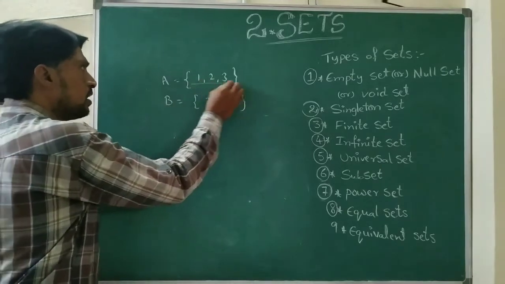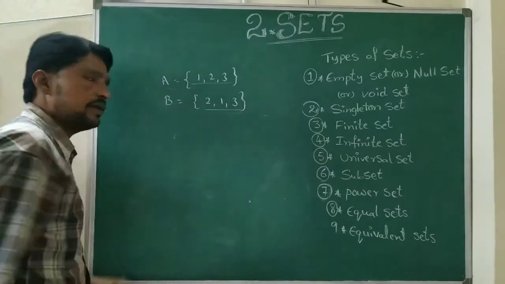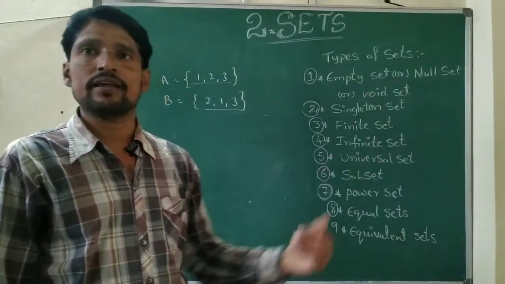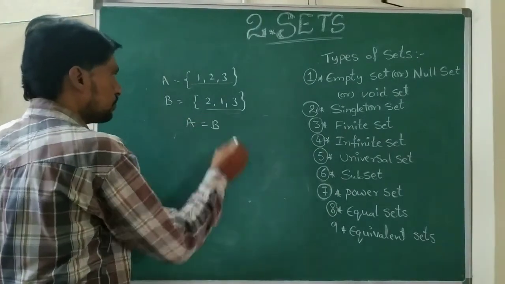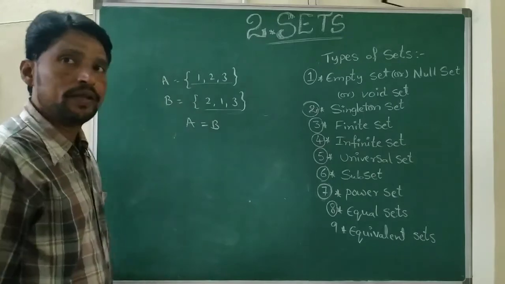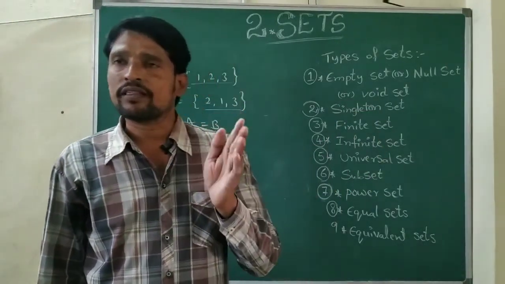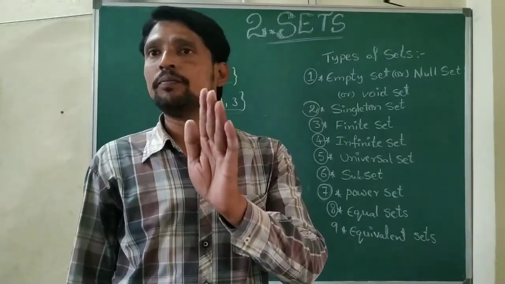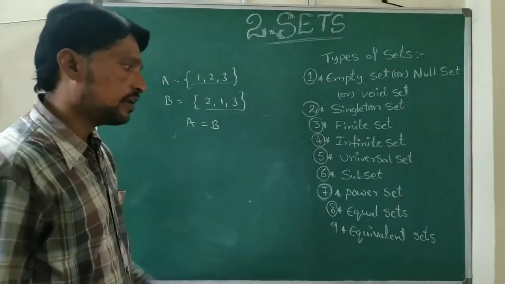The elements in the set A are the same as in the set B, so we can say they are equal sets. It is denoted by A equals B. Two sets are equal if they have exactly the same elements.